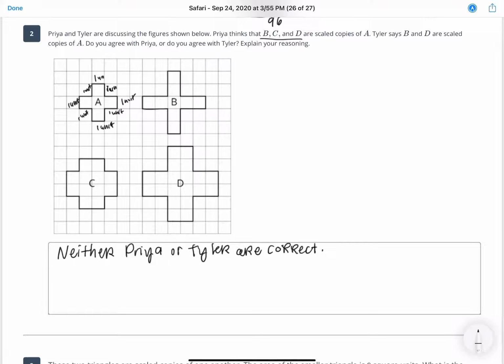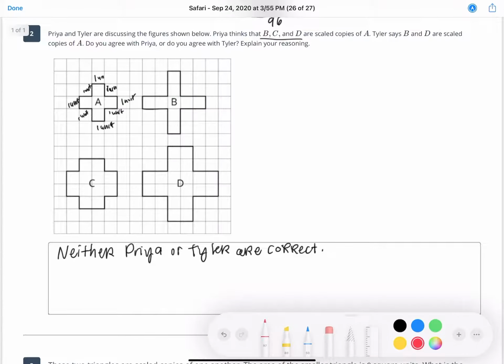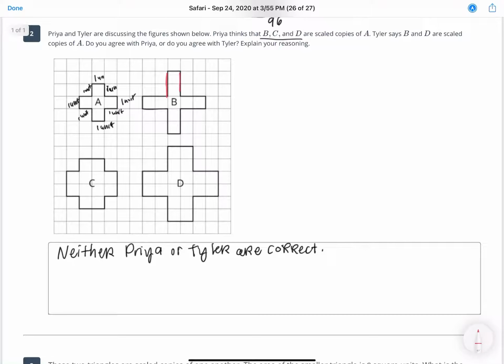Whenever you make a scale copy of something, it has to be proportional to each side, each width, each length of the original figure. For B, it doubled in length right here.